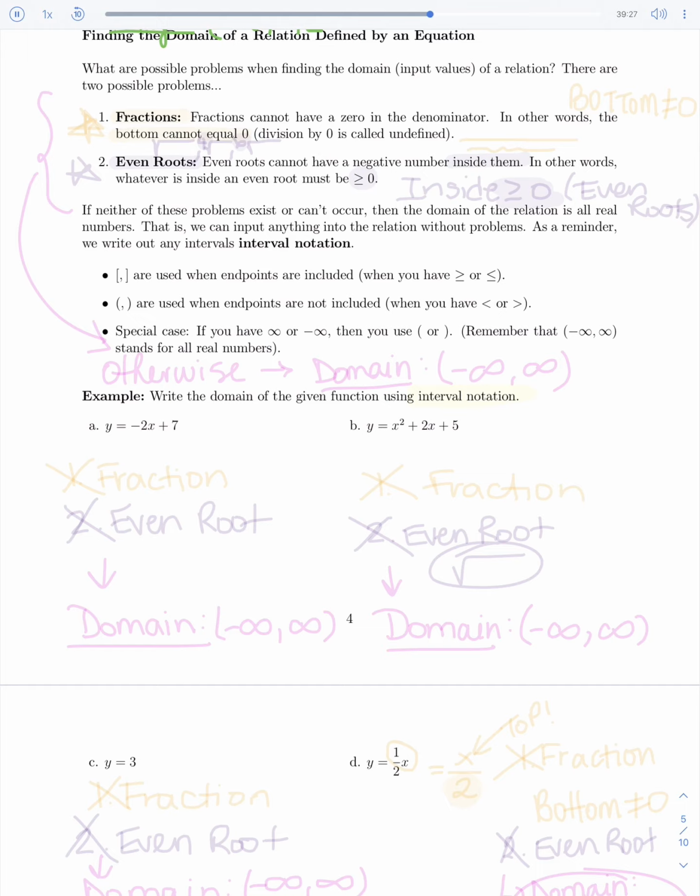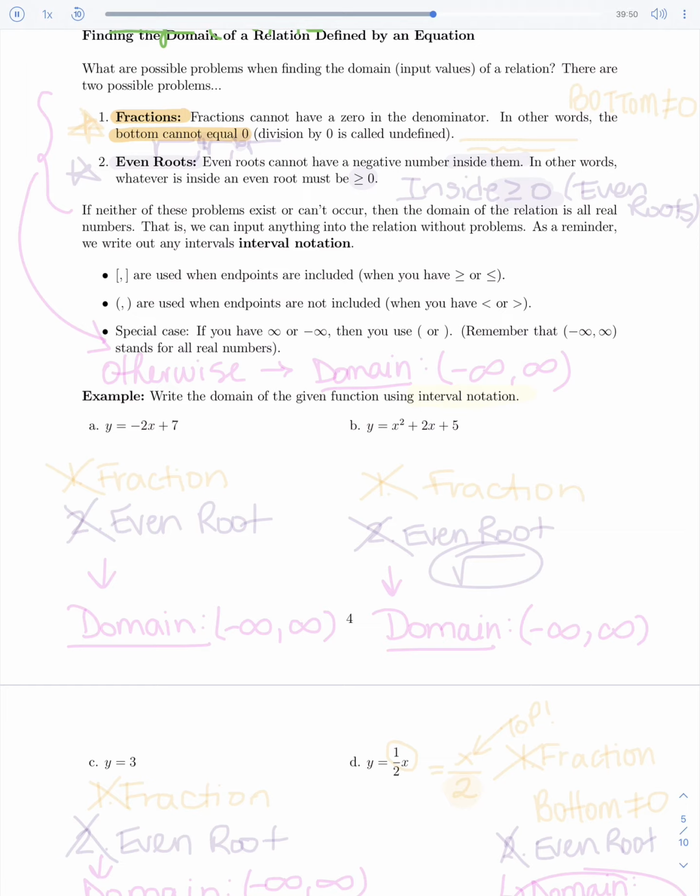Your first mathematical no-no is if you have a fraction. What can't you do with fractions? Well, the one thing that you can't do, if you were to try it on a calculator, your calculator would pretty much yell at you and say, error, is that you cannot divide by 0.